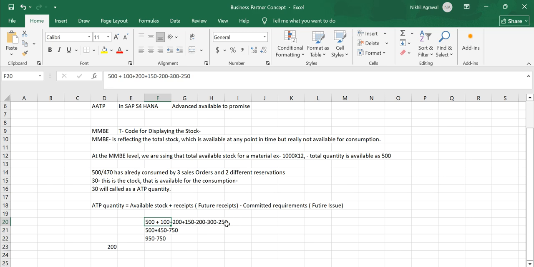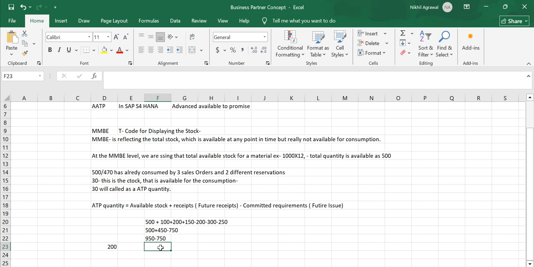This is already committed, and the receipt quantity we are going to receive in the future. So out of the available stock of 500, we are going to receive 450, and we are going to issue 750. So ATP quantity will be available stock plus total future receipts minus committed requirements of future issues. 950 minus 750 is 200. Hence, we have done this derivation, guys.